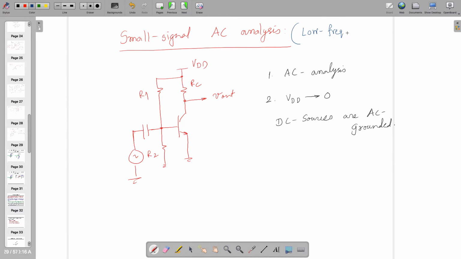Still now we are not studying frequency response, so it's a low frequency model. So at low frequency, capacitors are open.